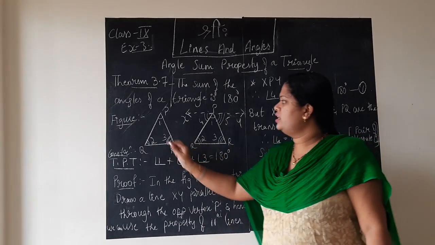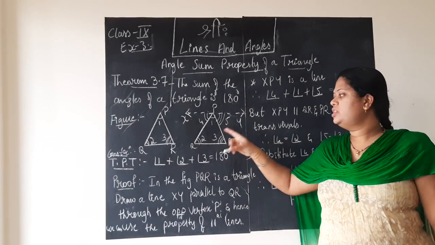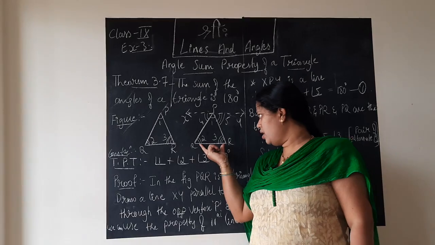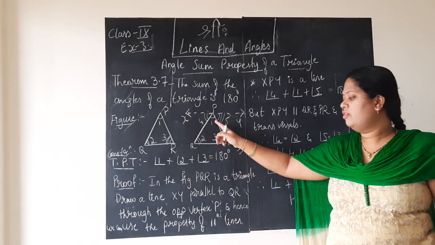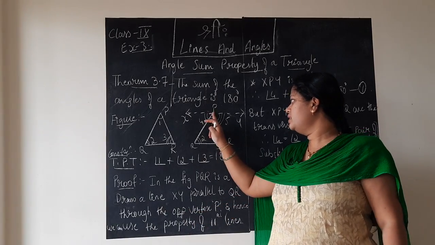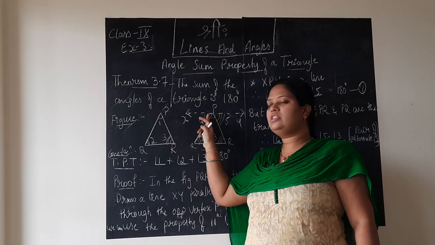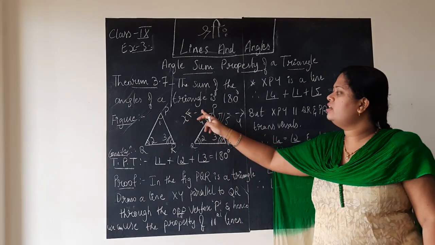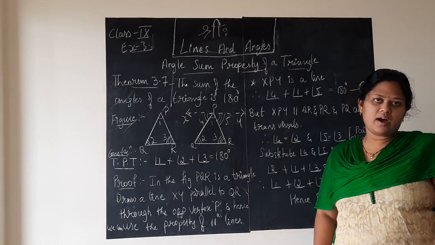For this triangle, we are drawing a line XY which is parallel to the base of the triangle PQR, that is QR, passing through one of the vertices, the opposite vertex, that is P. For Q and R, the opposite vertex is vertex P. Through the opposite vertex P, we are drawing a straight line XY, which is parallel to QR.